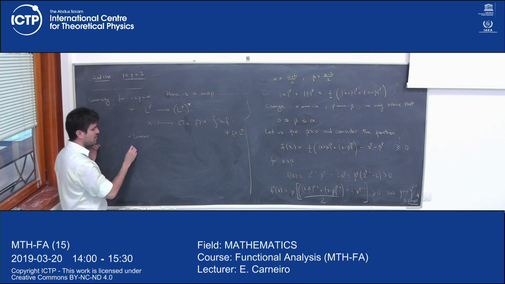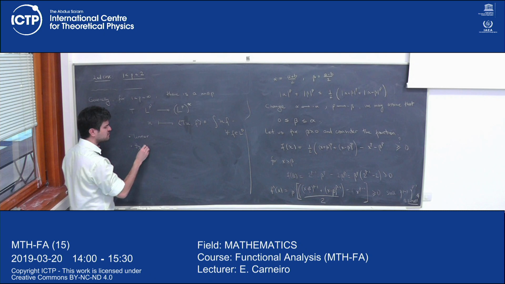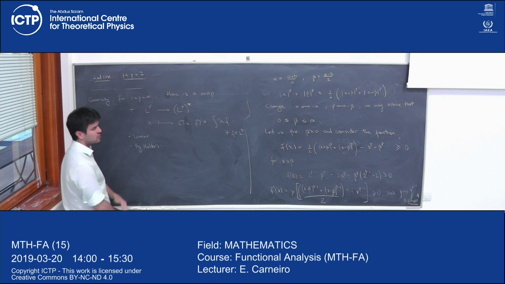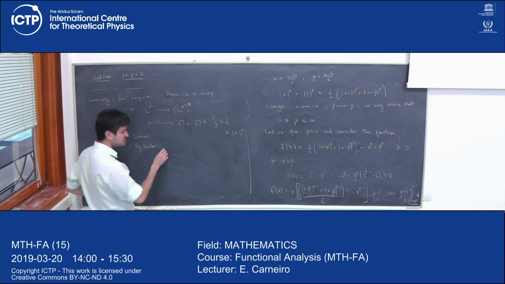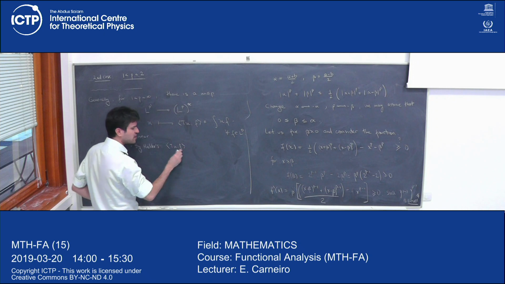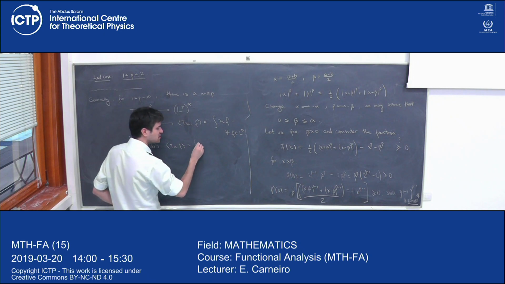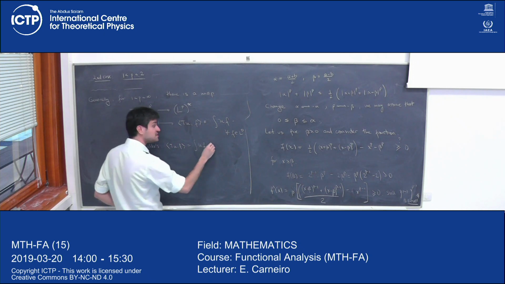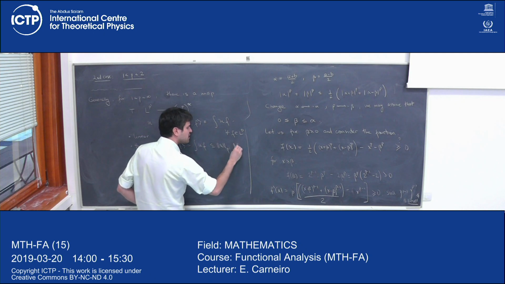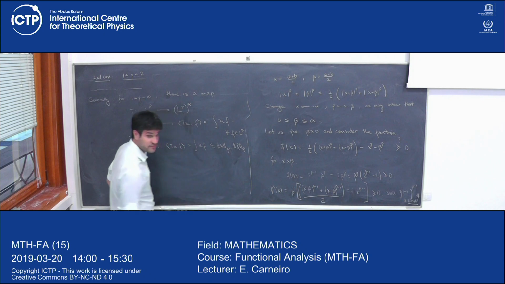In fact, by Holder's inequality, what you get is that Tu acting on f, which is just the integral of u against f, is less than or equal than the norm of u in LP prime times the norm of f in LP, right?